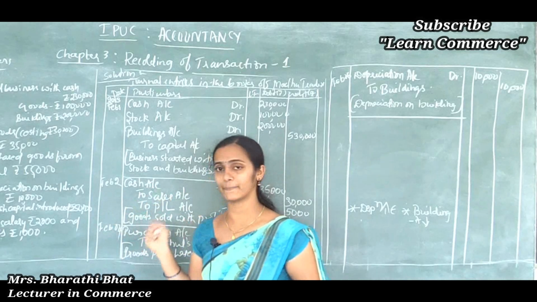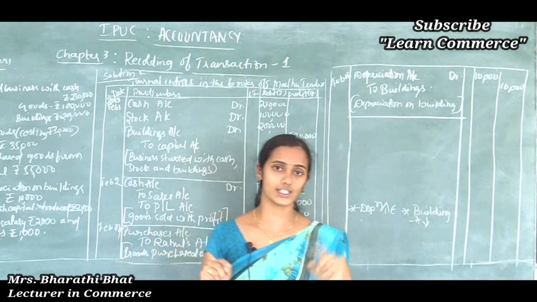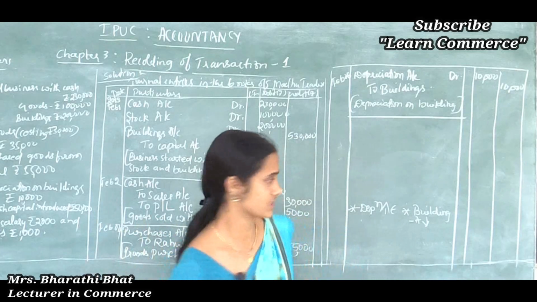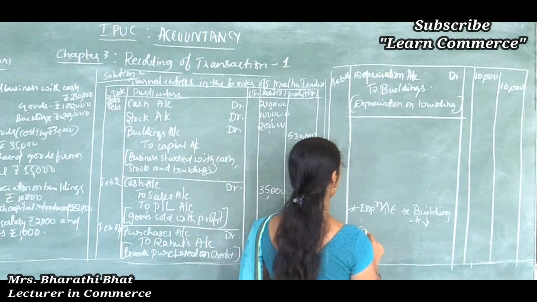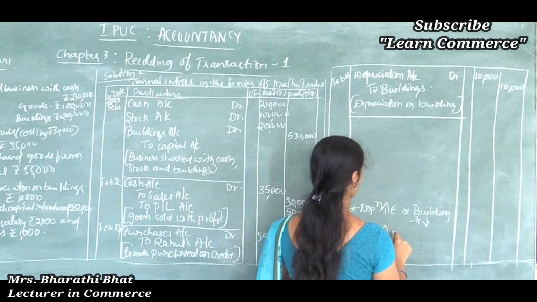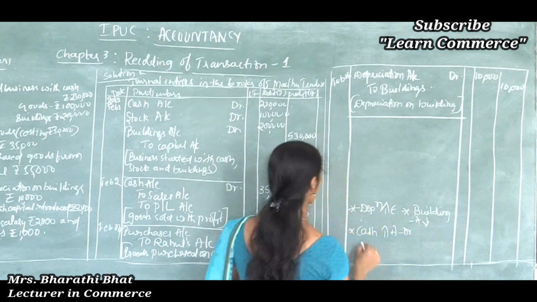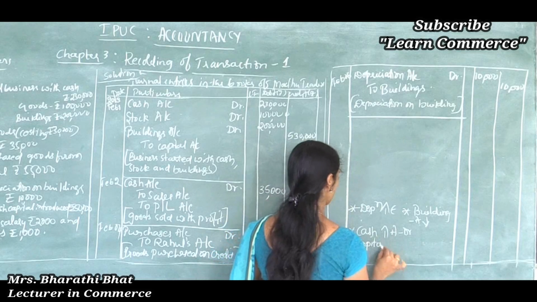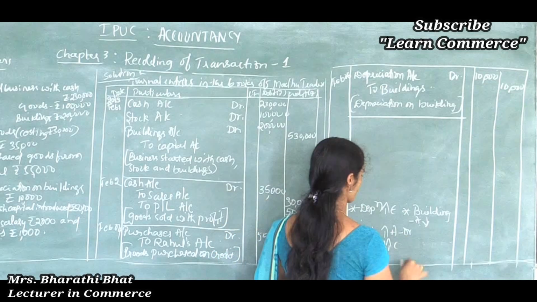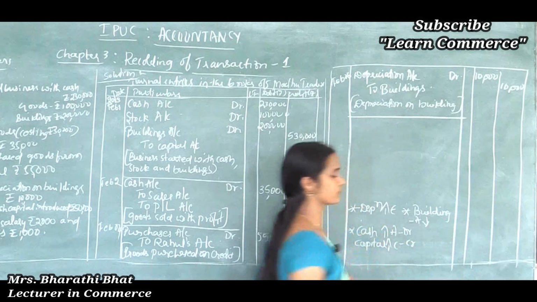Cash shows increased value and capital also increases. So cash and capital are the two accounts. Cash comes under asset, so increases in asset are to be debited. Capital shows increased value, and increases in capital are to be credited.